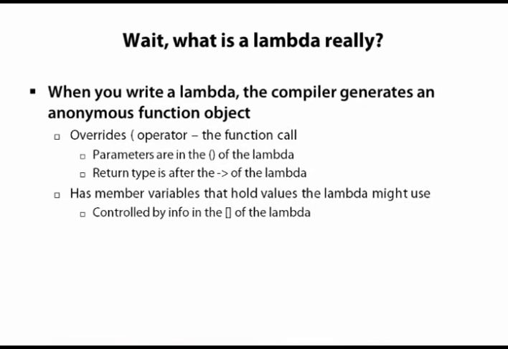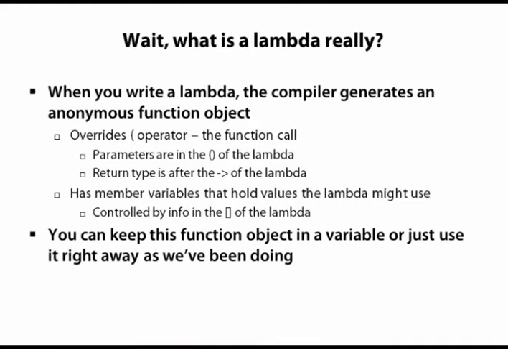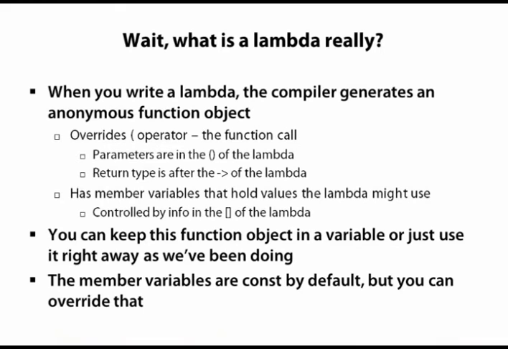Now, an anonymous function object is an instance of a class, and it has member variables that hold values, and you can keep that instance in a variable, as well as what we've been doing, which is just passing that variable immediately to a function, such as the standard for each, that turns around and uses it. So in order to fully get all of how you use lambdas, you have to understand how to control those member variables, how to set up what the member variables of the lambda will be, and you can even do things like changing them from their default, which is const, to something that can be changed within the body of the lambda.